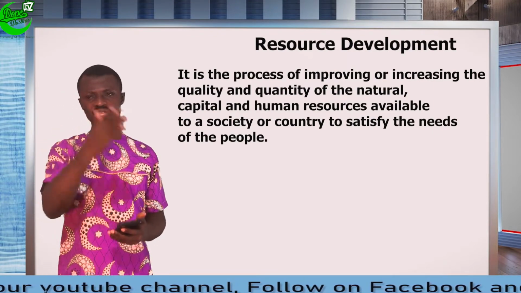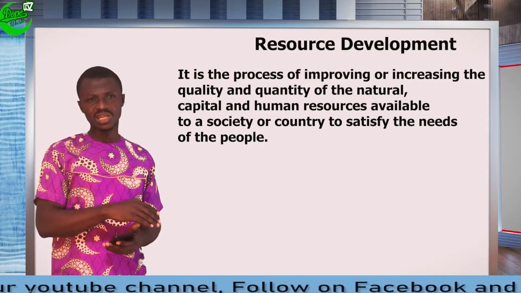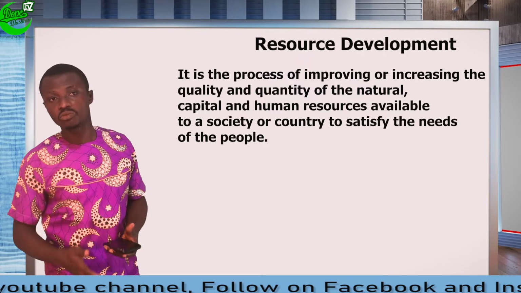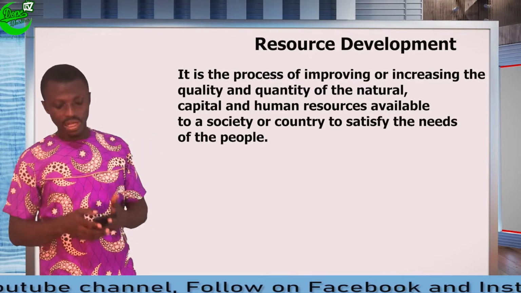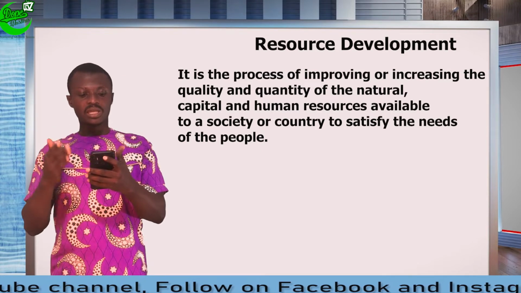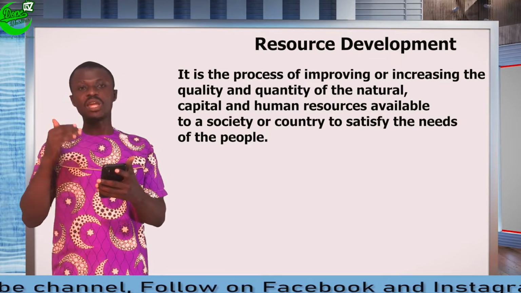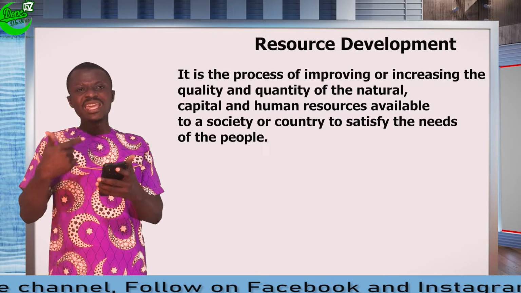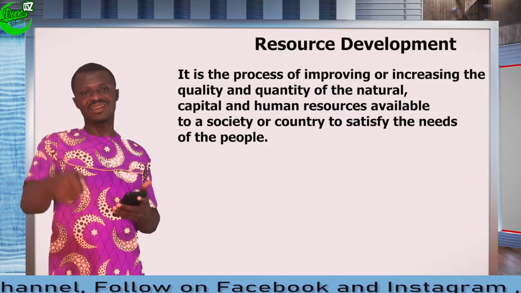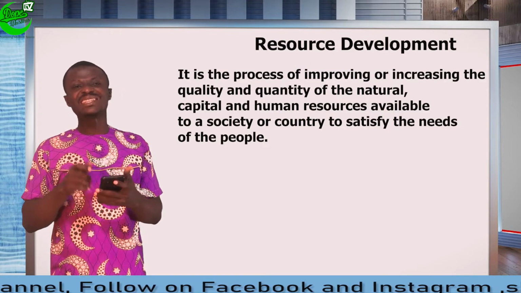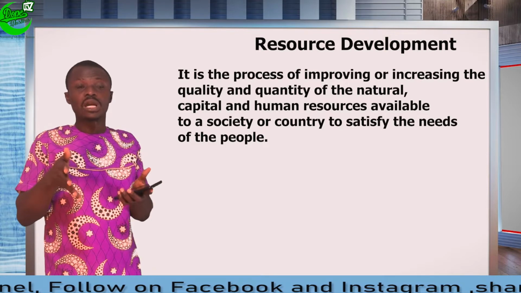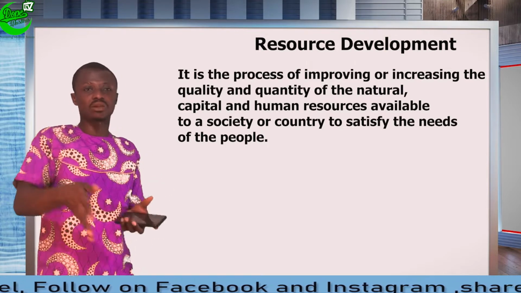So let's combine these words to make meaning. When we say resource development, now we know what resource is, we know development. Let's look at what resource development means, as we have given the breakdown. Resource development is a process of improving or increasing the quality and quantity of the human capital and natural resources available to a society to satisfy or meet the needs of the people.